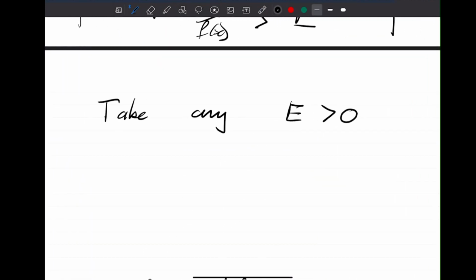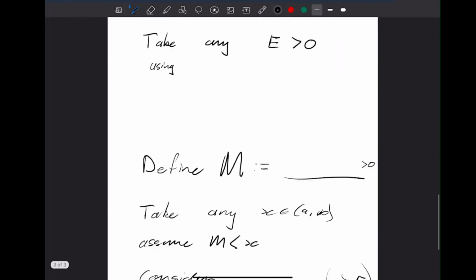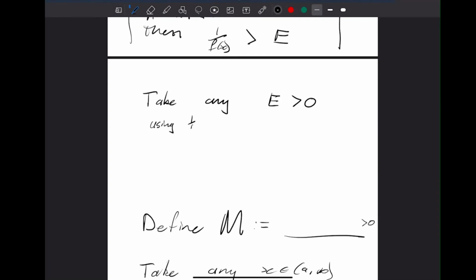So let us call this assumption A. So we're going to use 1 over E. E is not 0, so dividing by E is not a problem. So using 1 over E for epsilon in assumption A, what do we get?